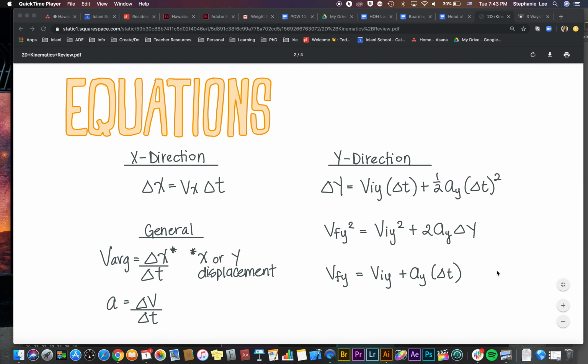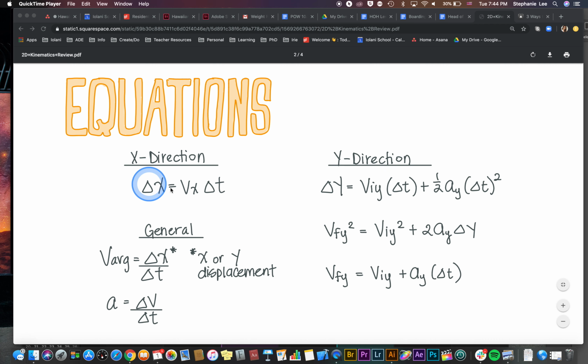The equations that you'll get on the test are listed here, and I will actually give you our sine, cosine, and tangent equations. But you'll see that the y direction equations are the same as the ones that we had last unit. The x direction equation is actually the same as this one here, the delta y equation.